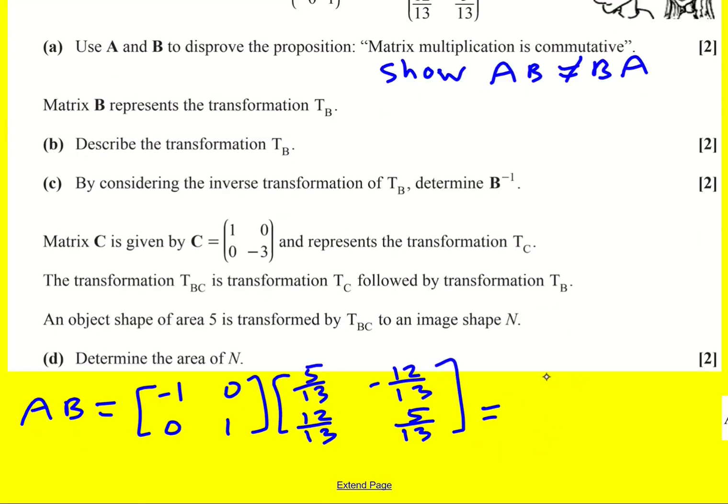So we're going to get minus 5 over 13, 12 over 13, 12 over 13, and 5 over 13.